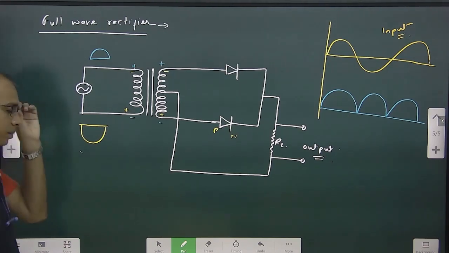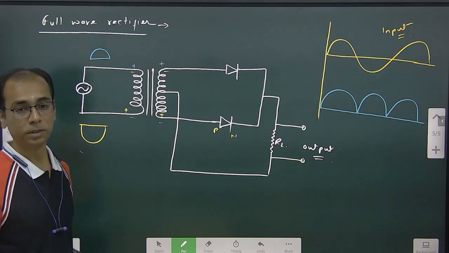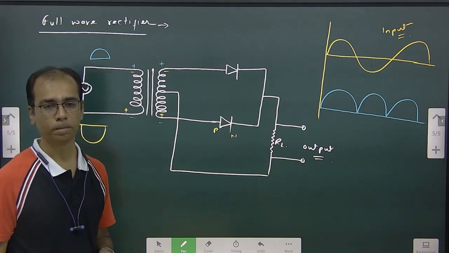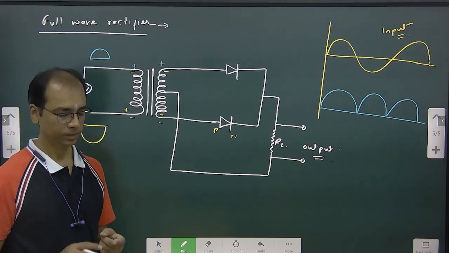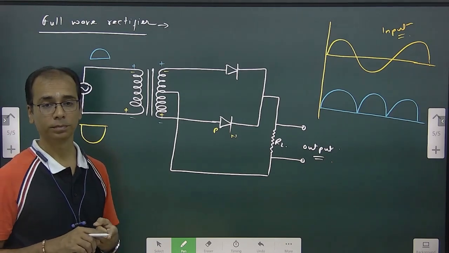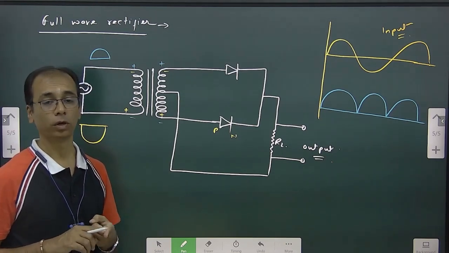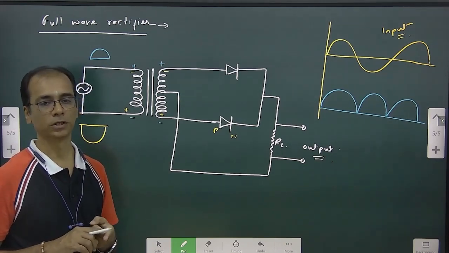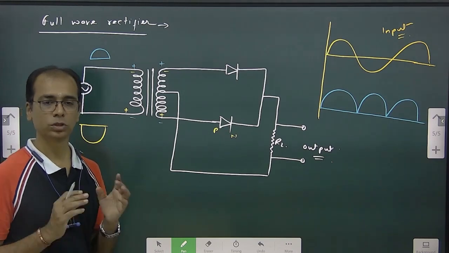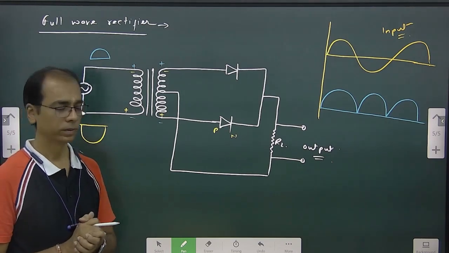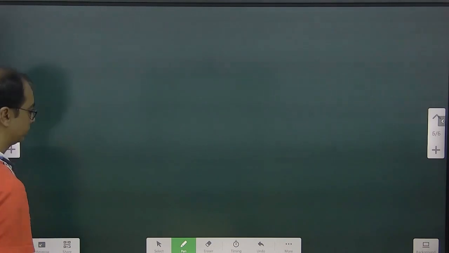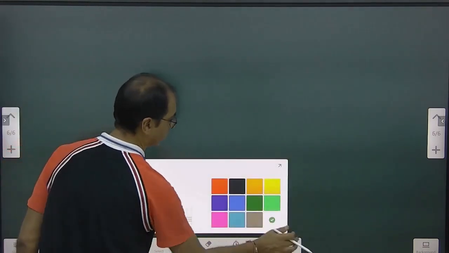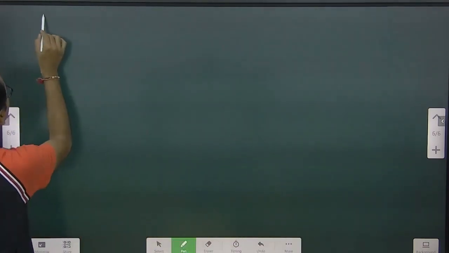Right, students. Now there are certain special types of applications. What are those? Light emitting diode, photodiode, and solar cell. Those three also we have to study. First one we are going to see is the light emitting diode, LED.